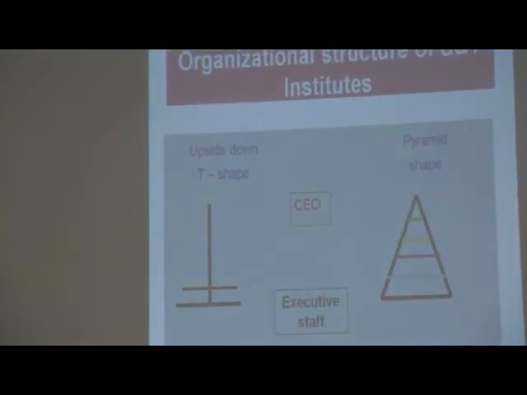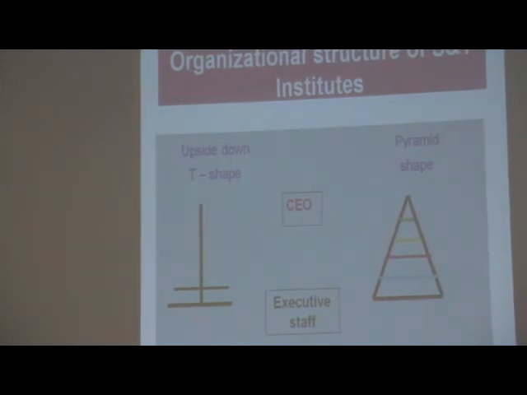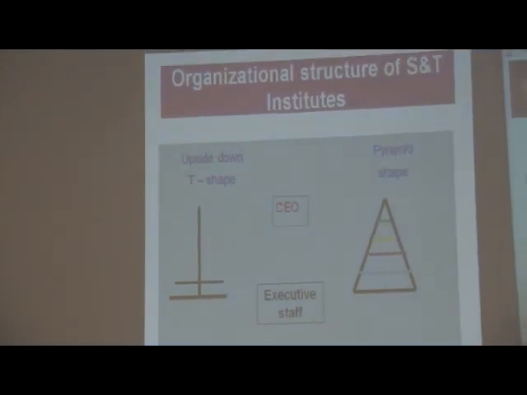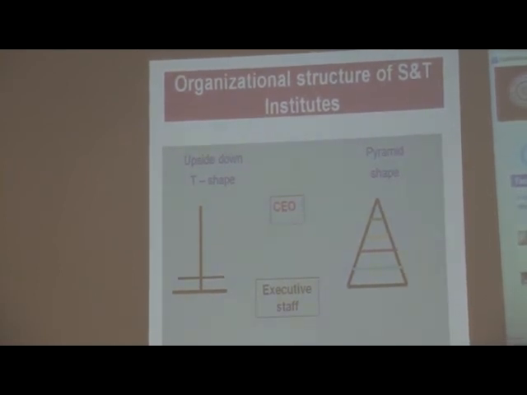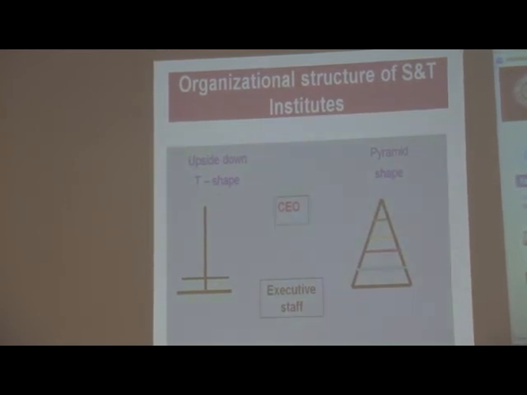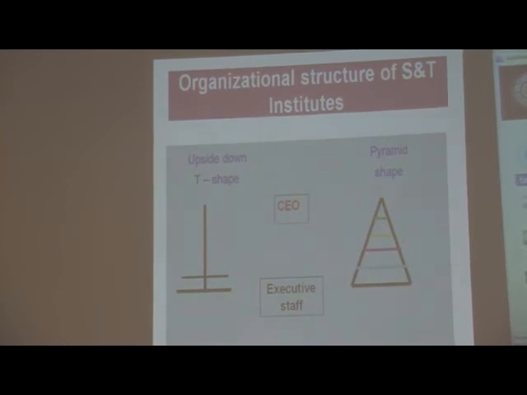And let me tell, now, the majority of our institutions are structured. Usually, the pyramidal shape structure is the best structure, where the junior scientists are regularly trained and given opportunities to come to the top position.